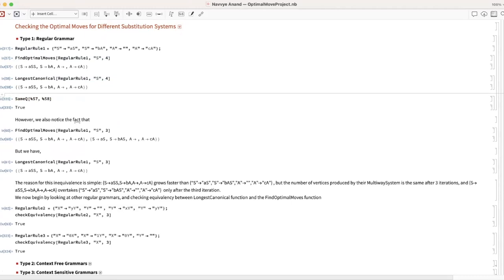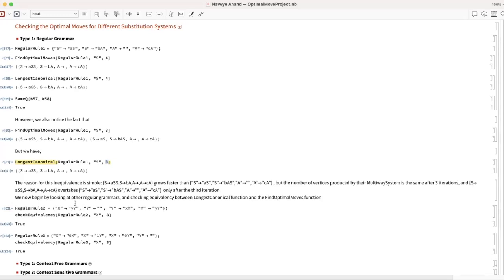However, we also notice that the find optimal moves function returns two different strings for substitution systems for the third step. But the longest canonical function only returns a single substitution system. And the reason for this inequivalence is simple. One of the substitution systems grows faster than the other, but the number of vertices produced by their multi-way system is the same after 3 iterations.